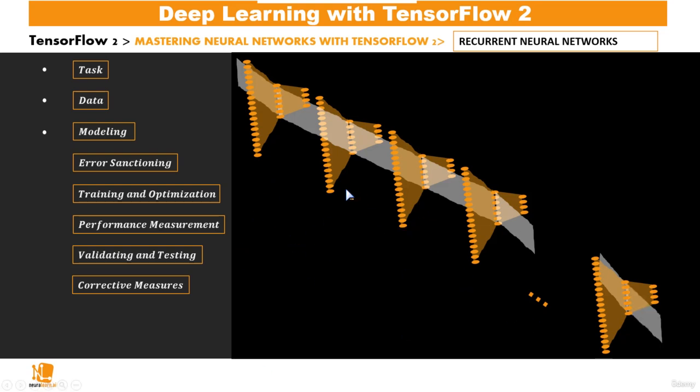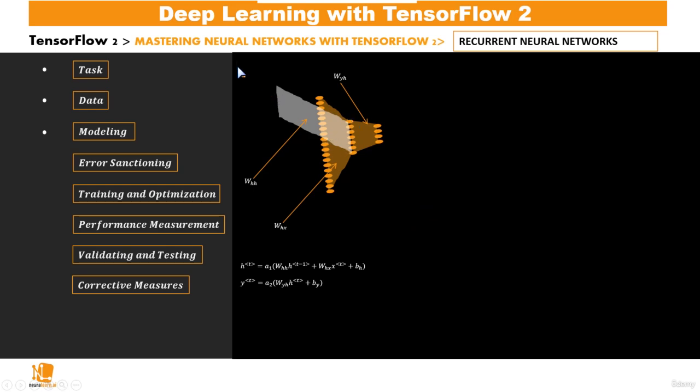Now, we're supposing we have time t equals 1, t equals 2, t equals 3, t equals 4, and then say t equals the sequence length, and then we have these different weights, where the weight which links a hidden layer in the previous neural network to the hidden layer in the current neural network is WHH, since we went from one hidden to another hidden.